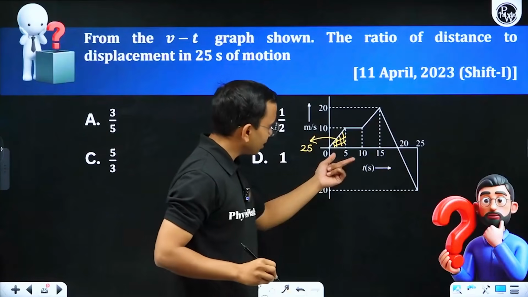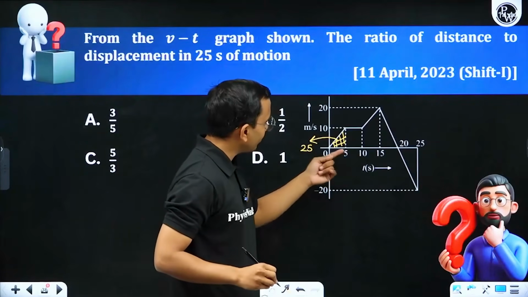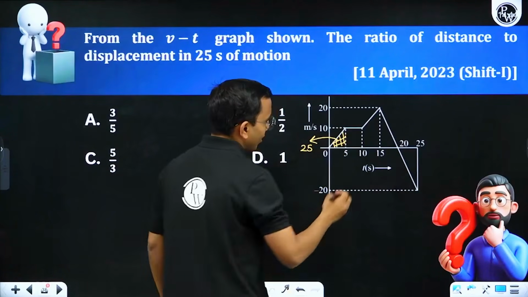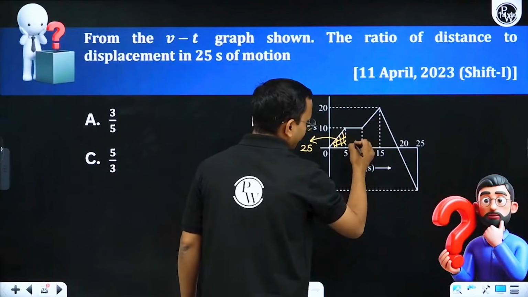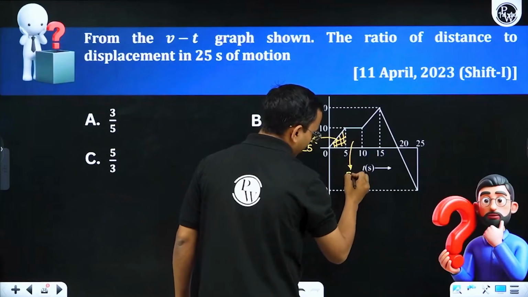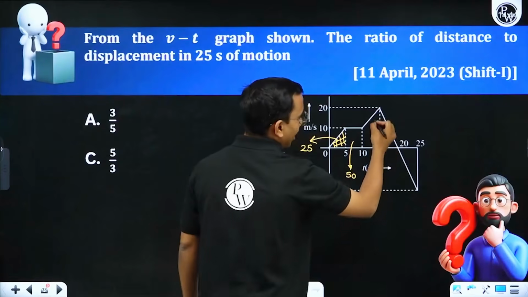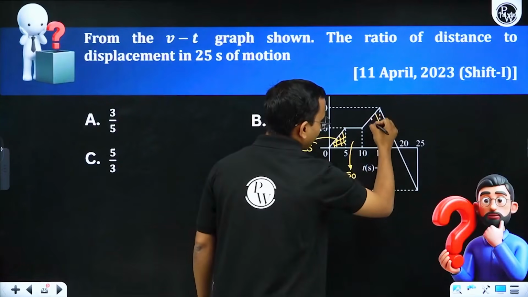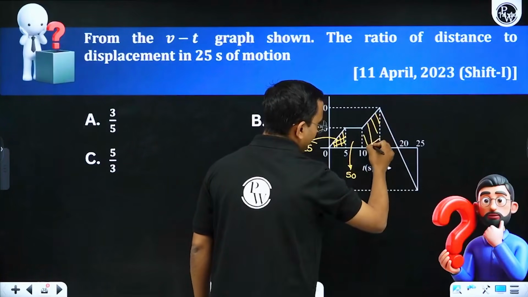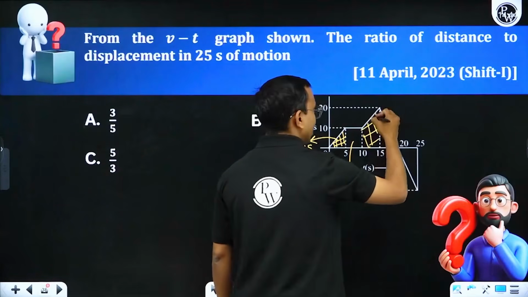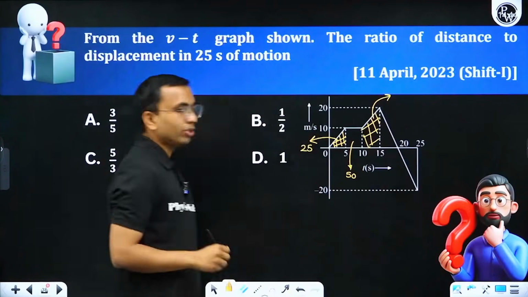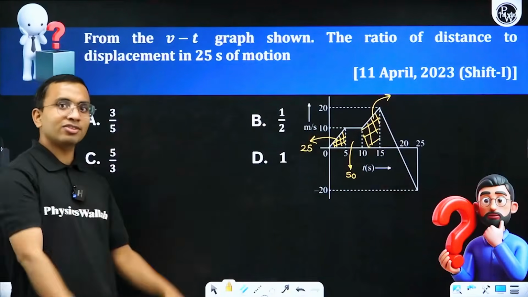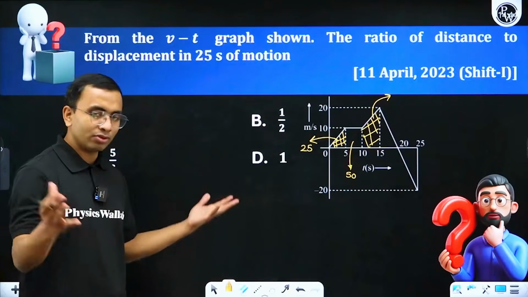Further, this is a rectangle. What is the area of this? 5 into 10, 50. So this area is 50. Then we are having a trapezium. How to write its area? 1 by 2 into the sum of parallel sides into the distance between the parallel sides. If you know the formula, good.